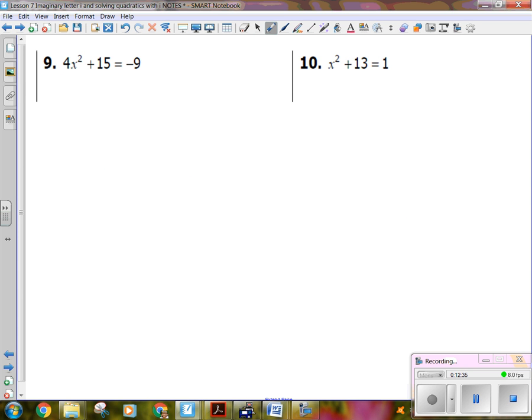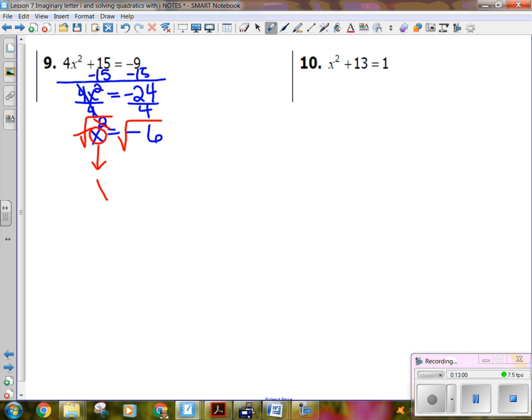Number 9. We have a few examples. First thing I want to do is subtract 15 from both sides. 4x squared equals negative 24. I need to divide out my 4 so that I get x squared by itself, negative 6. I need to take the square root of both sides. x and the square cancel, I get x back.